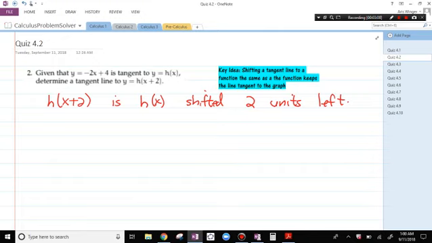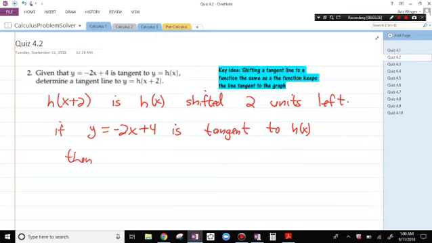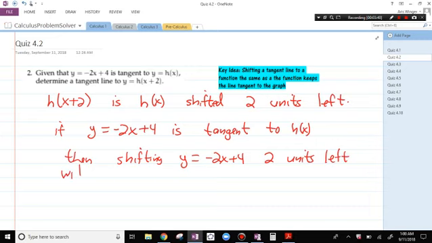And so if y equals negative 2x plus 4 is tangent to h of x, then shifting y equals minus 2x plus 4 2 units left will be tangent to h of x plus 2.